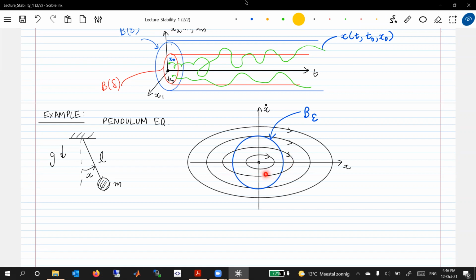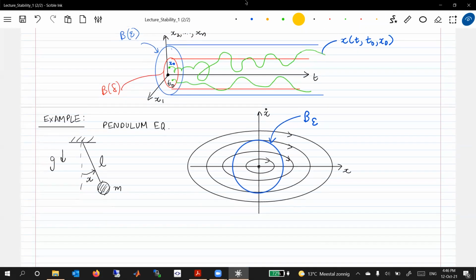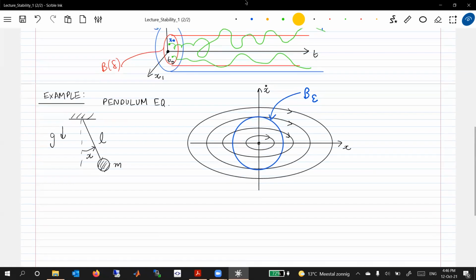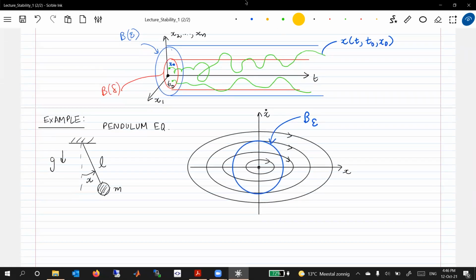So the solutions are not really confined to this epsilon ball, but there would be a smaller radius, say delta, that I can pick such that the solutions starting within that delta ball would always be confined to this epsilon ball. So how do I pick that? Simply by looking at this phase portrait, we can geometrically pick it.